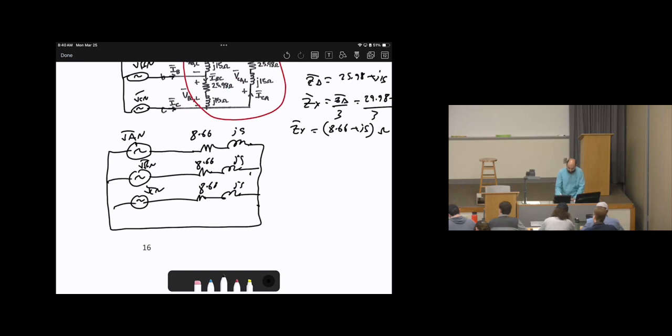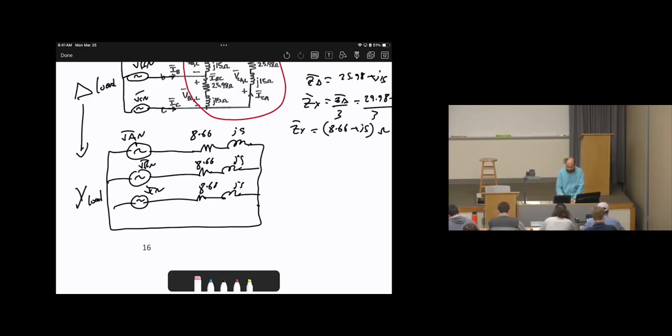So what I did, I converted delta to Y. Delta load to Y load. I converted the load, not the source. The source is already Y. Okay? That's the first step, convert delta to Y.